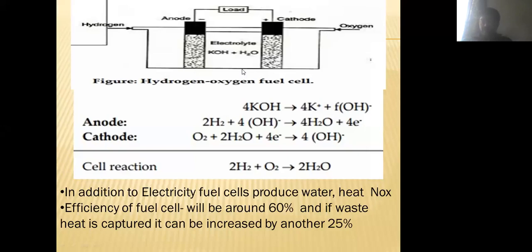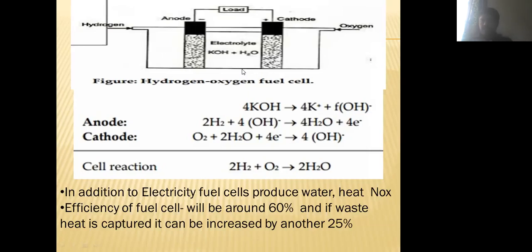Now what is remaining here? In the electrolyte, only H plus ions remain. These H plus ions are going to move towards the anode part.